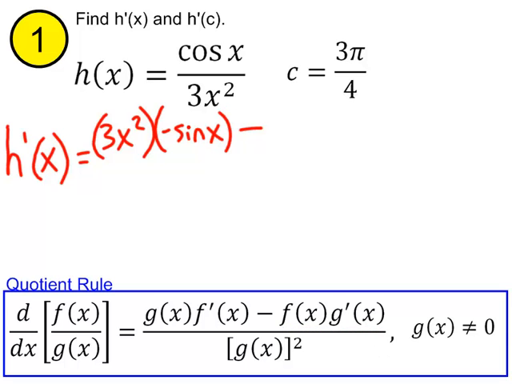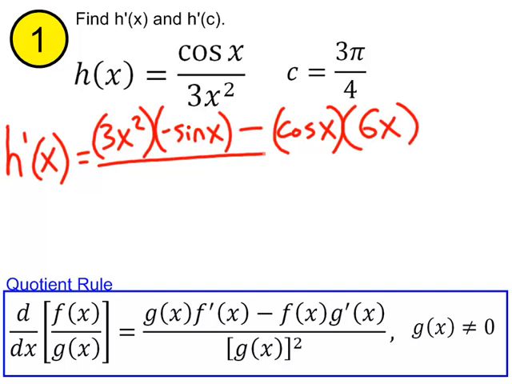So the top function in this case is cosine x times the derivative of this 3x squared, and that's going to be 6x. And that is all over the bottom function in parentheses squared.